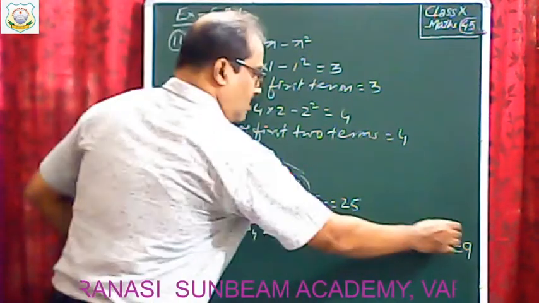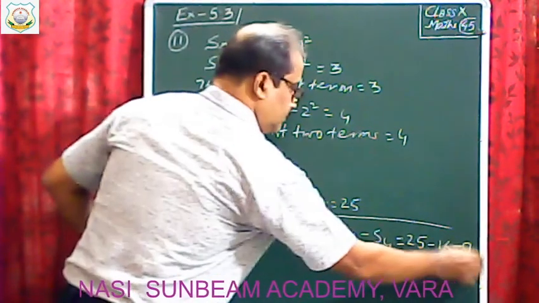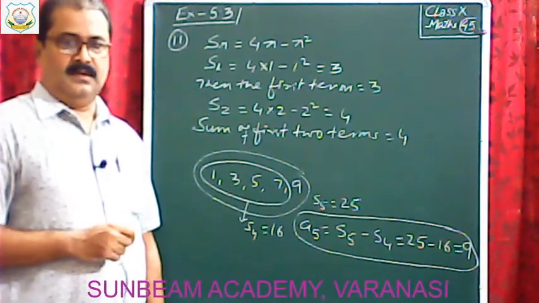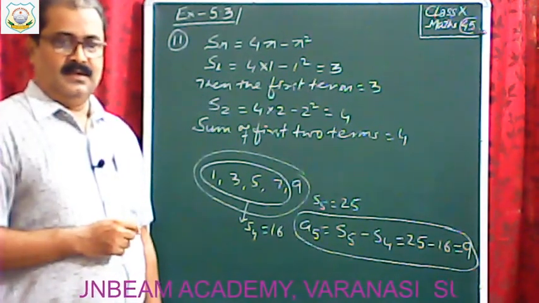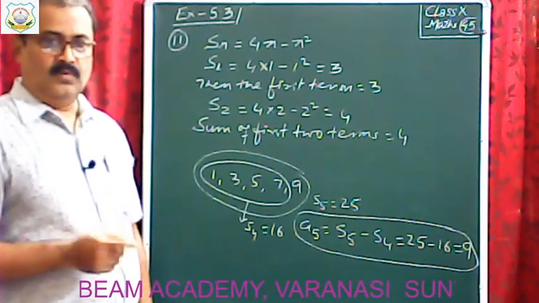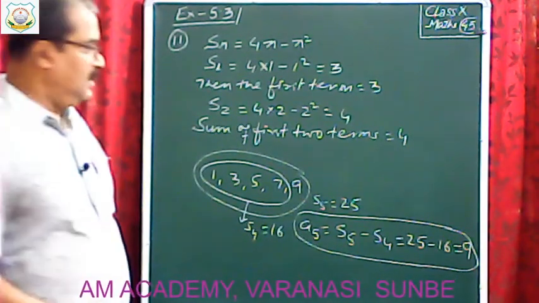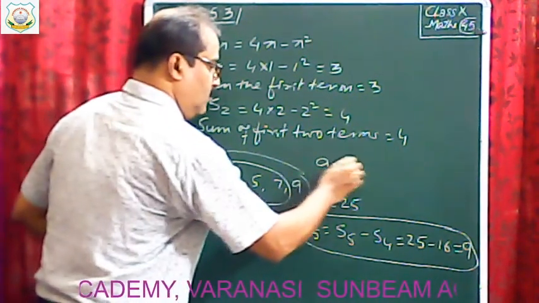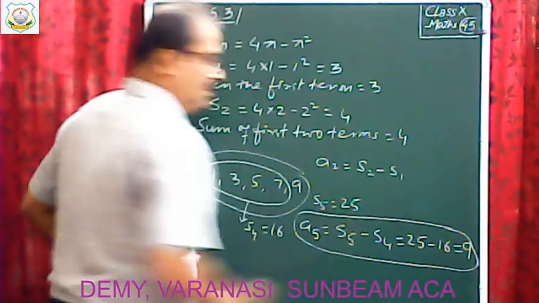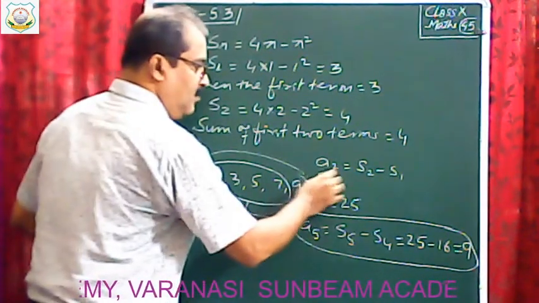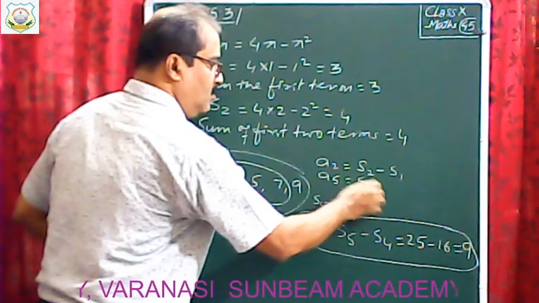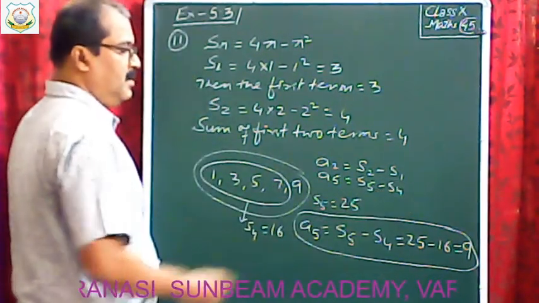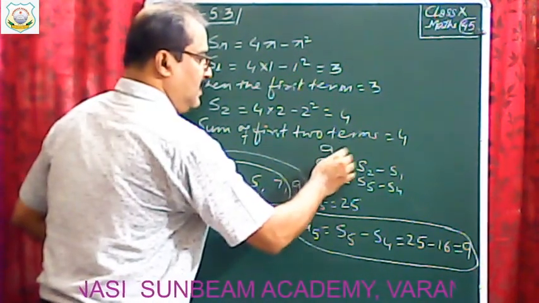Okay, so let's see what we conclude. Whenever you have to find the second term of the AP and we have Sn, the second term A2 is equal to S2 minus S1. Suppose you have to find the fifth term, A5. That is equal to S5 minus S4. Suppose you have to find the 10th term, A10.